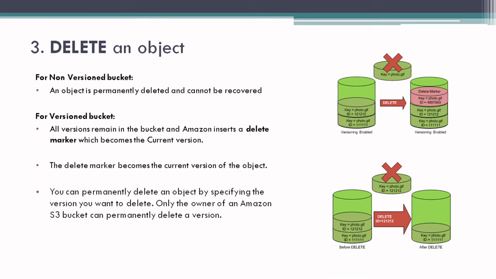So if you want to delete it, you can pass the version ID in your delete request, and for a particular version ID, you can delete it permanently. You can see in this figure, when you pass a version ID in your delete request, like 1212, it will get permanently deleted. If you do not pass a version ID, only the delete marker will get added, and all your versions will remain as they are.